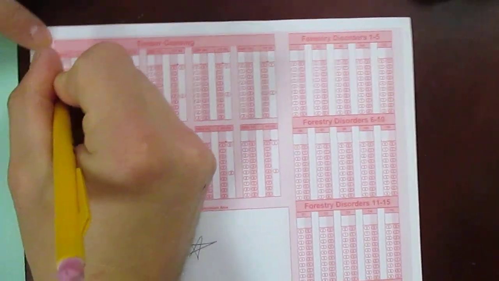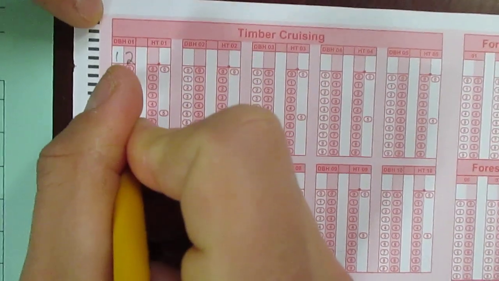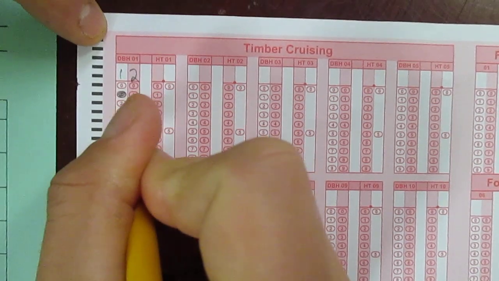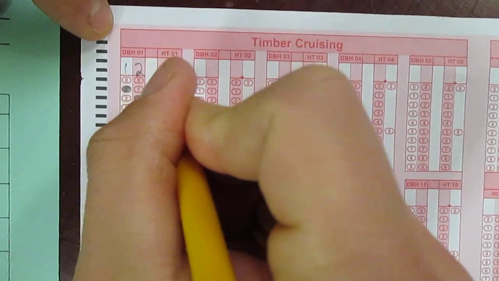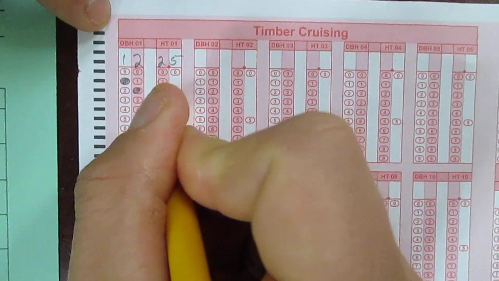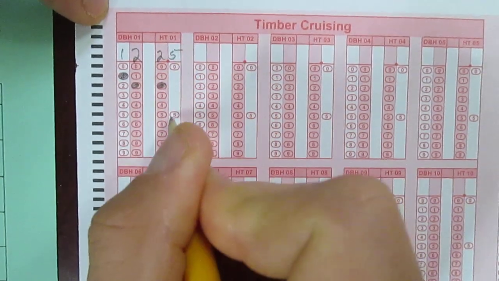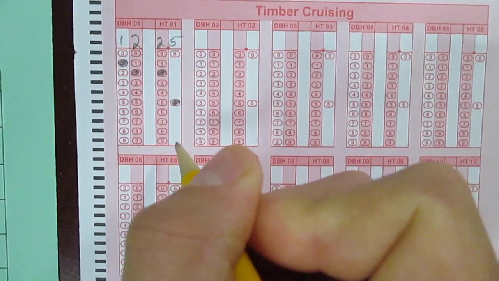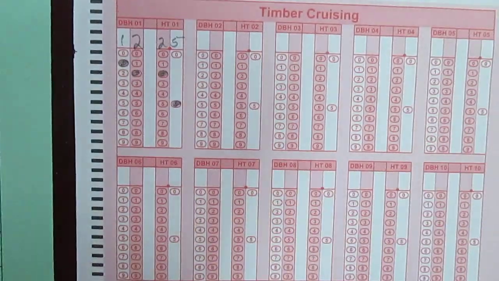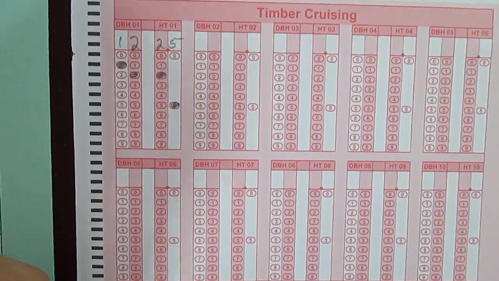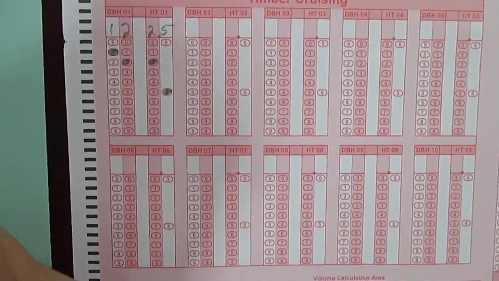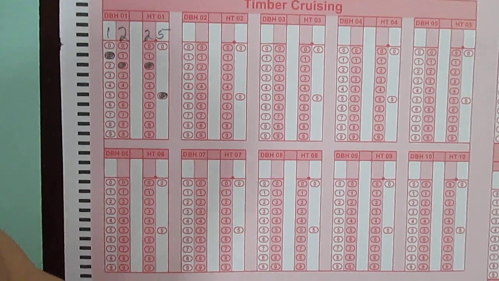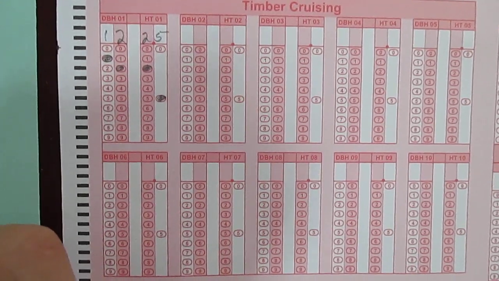Okay, so let's look at how you'd bubble that in. You would write 12 for the DBH on number 1, bubble in 1, 2, and then you would have 2.5 logs, bubble in the 2, you'll notice there's a period there, and you'll put 5. Okay, if number 2 was 16 on the DBH, and let's say the number of logs was 3.